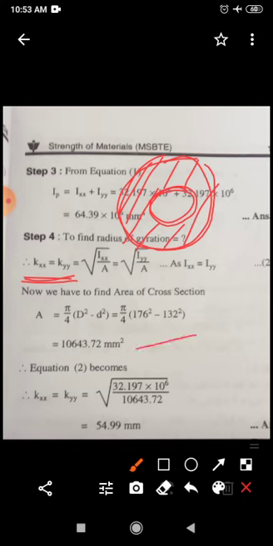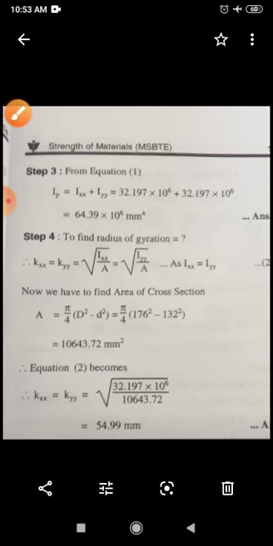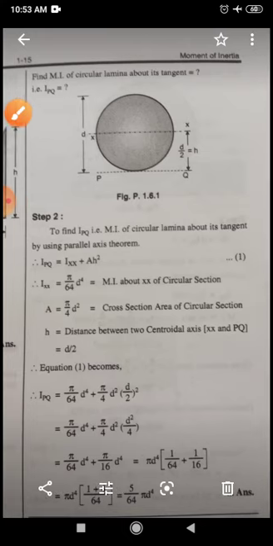Now you have to calculate the radius of gyration by putting in this value. We have the moment of inertia, just divide it by the area of the cross section, and you will get the radius of gyration.